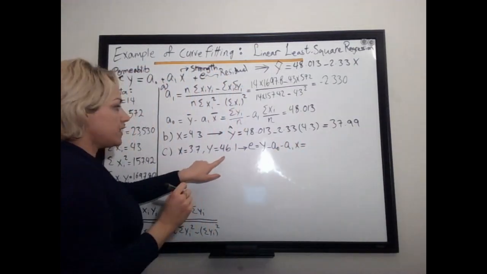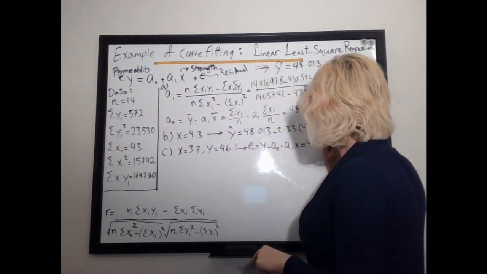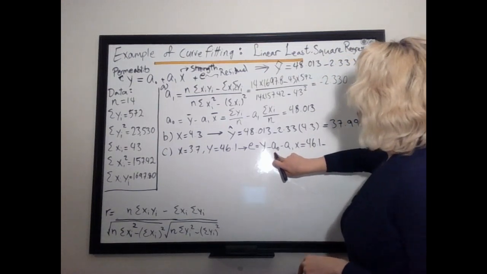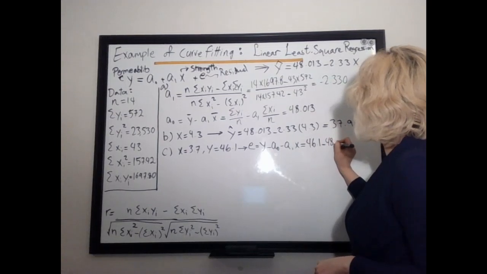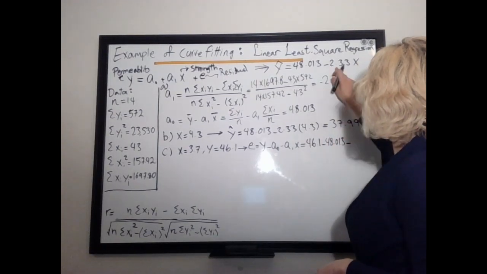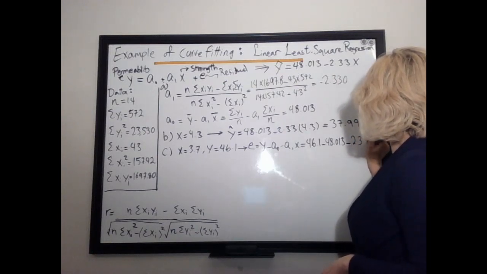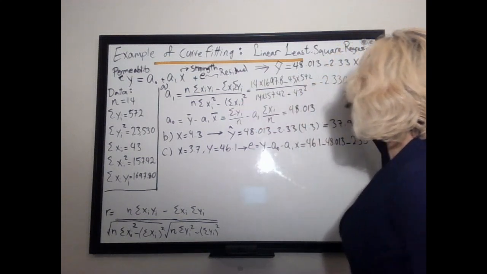So what's my y here? 46.1 minus, what's the A0? It's 48.013 minus A1, which is 2.33. So A1 is minus 2.33.